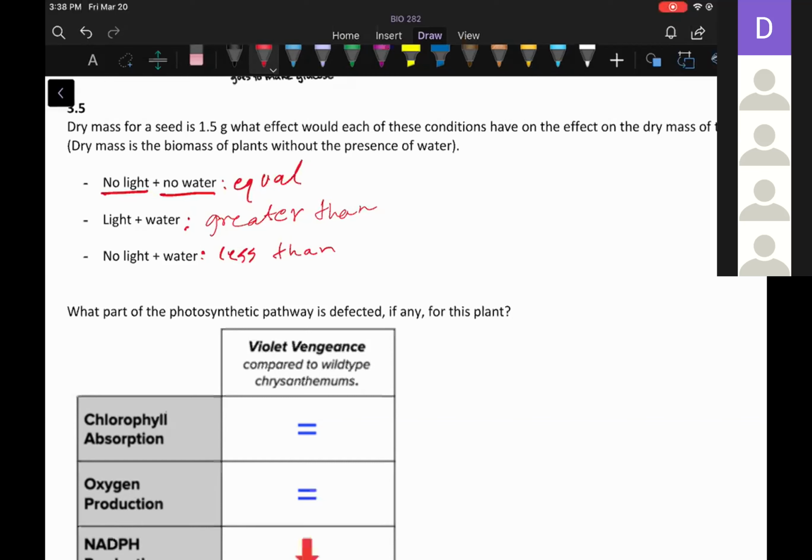Okay, I'll explain why. If we have water, our dry mass for a seed is 1.5 grams, and that mass comes from the seed containing a lot of starch, which we can use for cellular respiration. It needs that water to start cellular respiration.